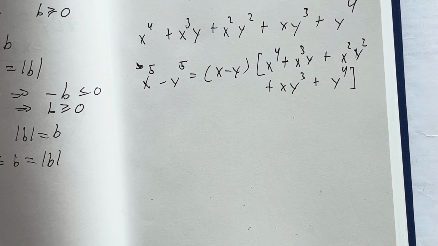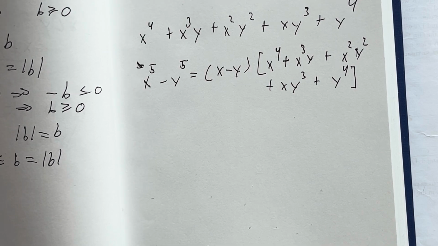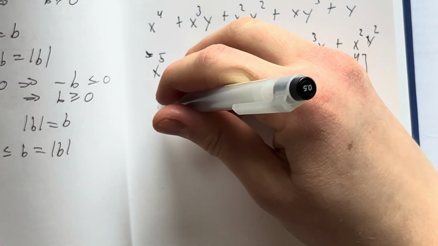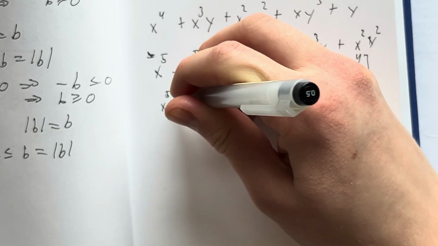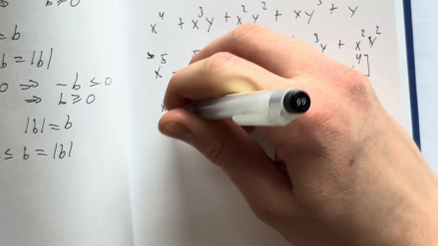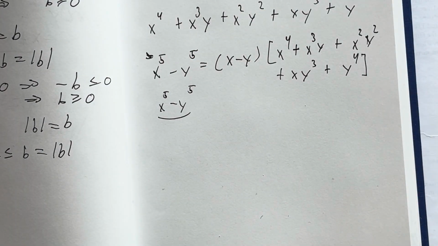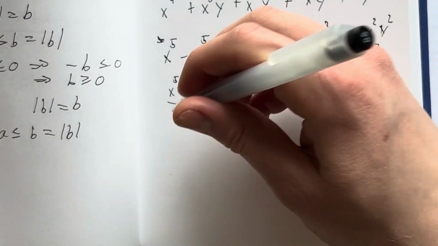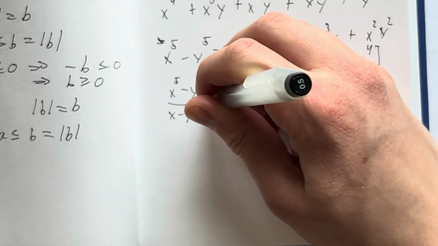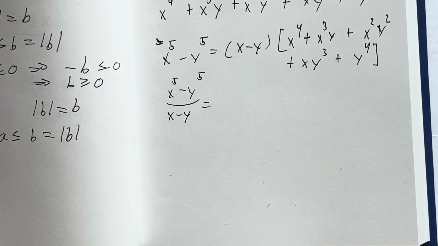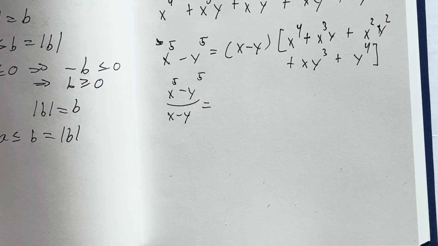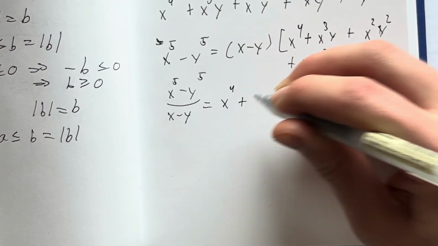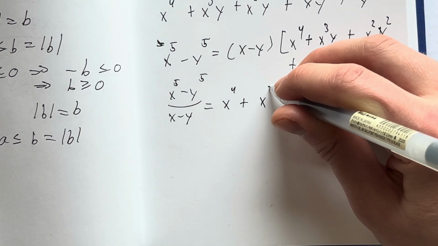So if we assume that x and y are not equal, then we can manipulate the equation in the following way. We just divide by x minus y, because we made the assumption that x is not equal to y. And we get the desired expression on the right hand side.